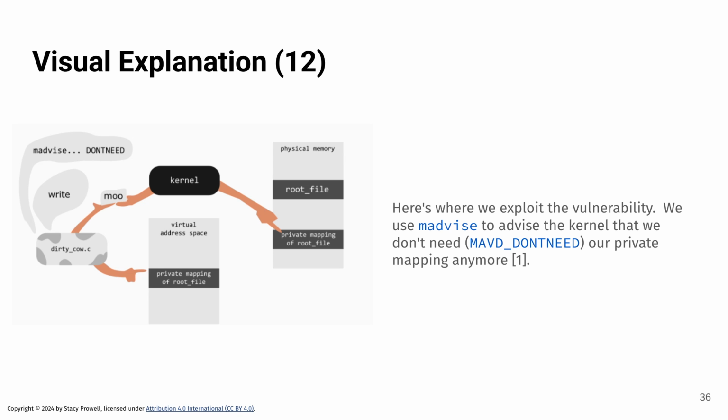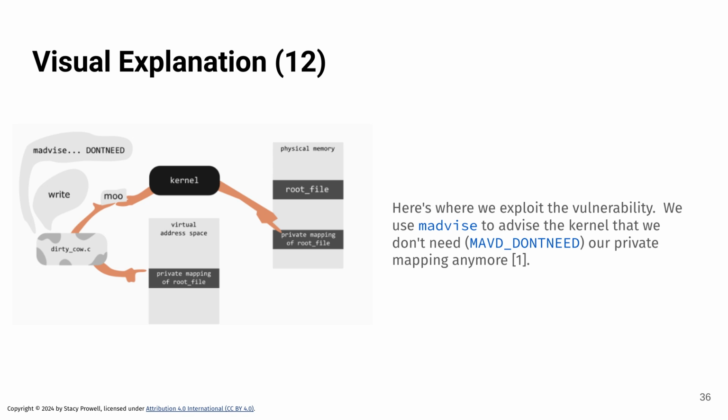I don't need that private mapping anymore. The way we do that is through another system call, which is madvise. We invoke madvise, we give it don't need, so it knows we don't need that anymore. And it's like, oh, okay, you don't need that anymore, so I will forget the private mapping.